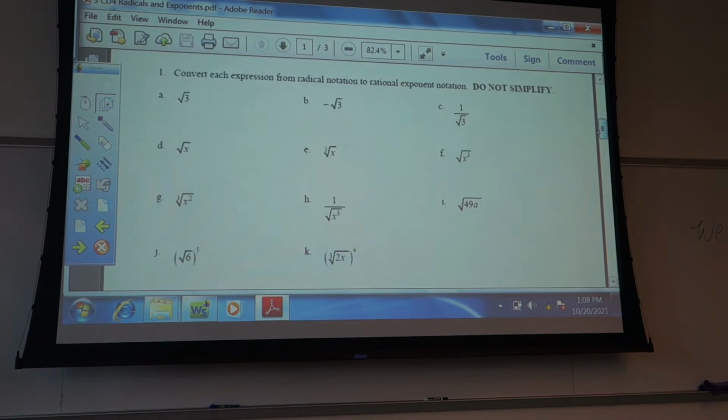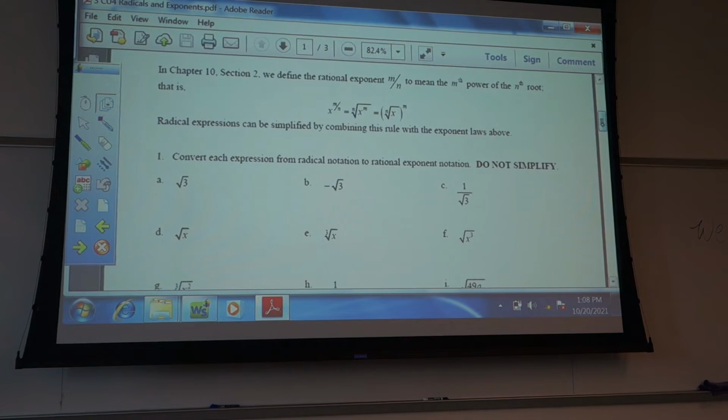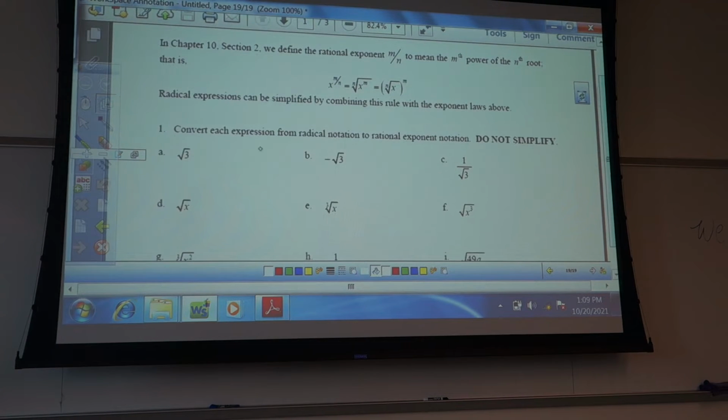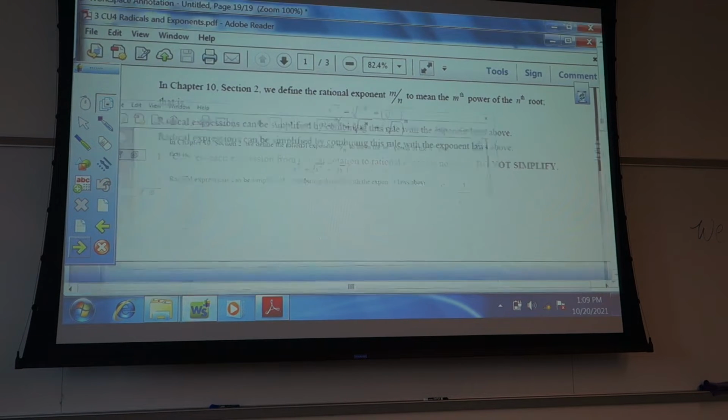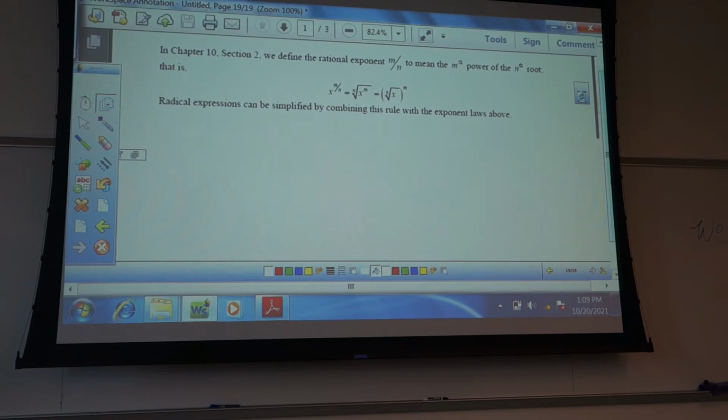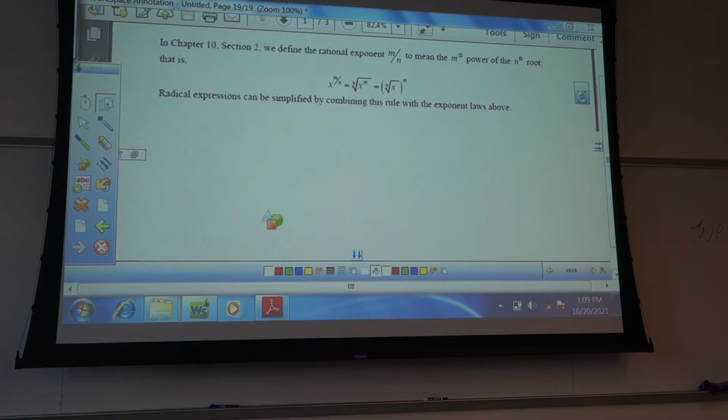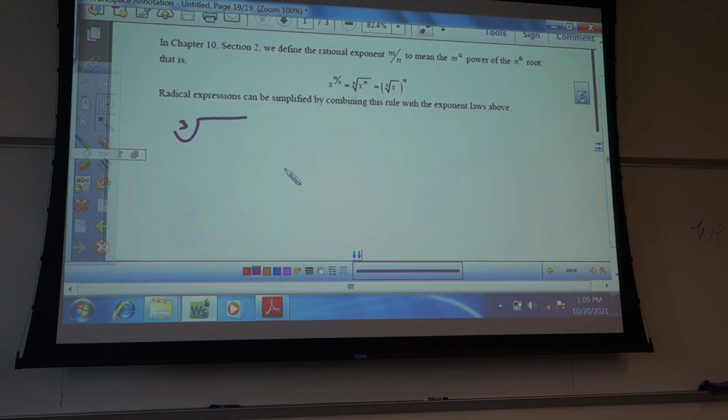So now all we're doing, oh, right, here's the other part. Okay, so what does a rational exponent mean? Let's talk about this a little bit. So the cube root of x really means x to the 1/3 power.